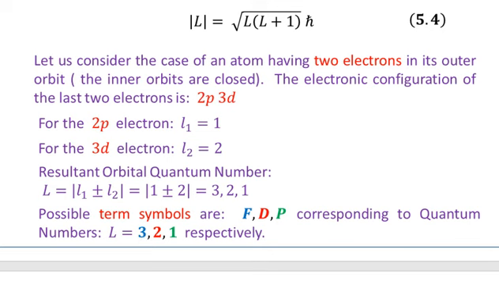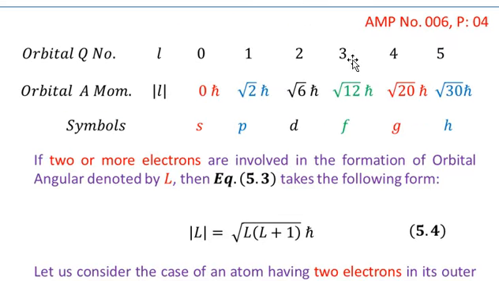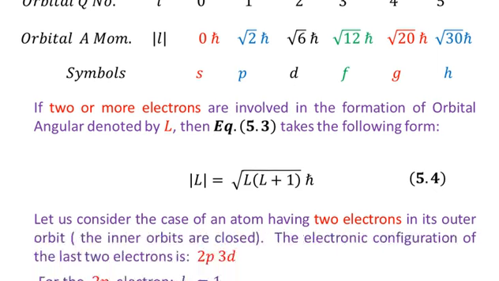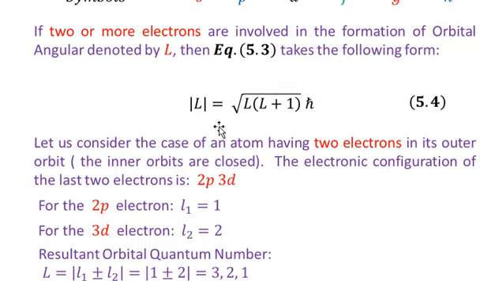From the table above, we have seen that when the value of the orbital quantum number is 3, the term symbol will be F. When it is 2, the term symbol will be D, and when it is 1, the term symbol will be P. Since in our case we are using two electrons, we use capital F, capital D, and capital P. So capital letters will be used when two or more electrons are involved, and the angular momentum quantum numbers will be calculated using equation number 5.4.